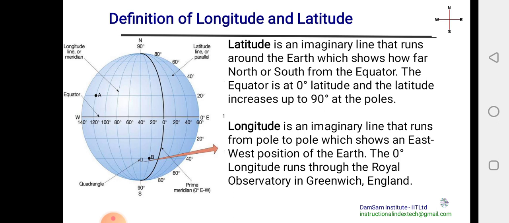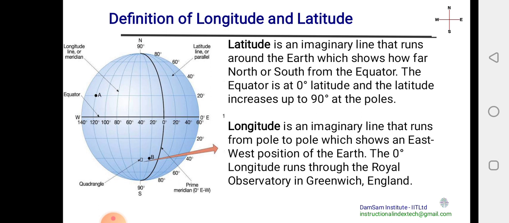Latitude is an imaginary line. You can see it there, that imaginary line drawn around the earth, which shows how far north or south from the equator. The equator is that line drawn across from west to east. It is pointed with an arrow labeled in the right diagram, the left diagram we're looking at.